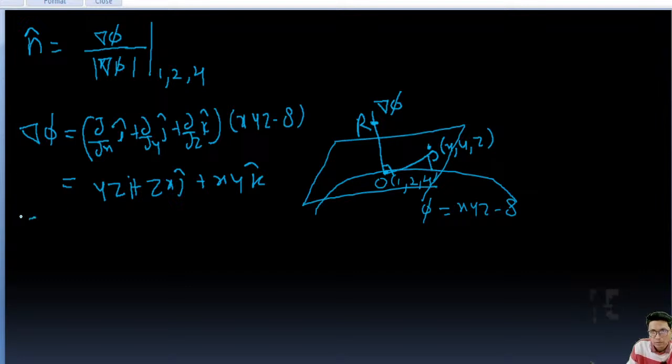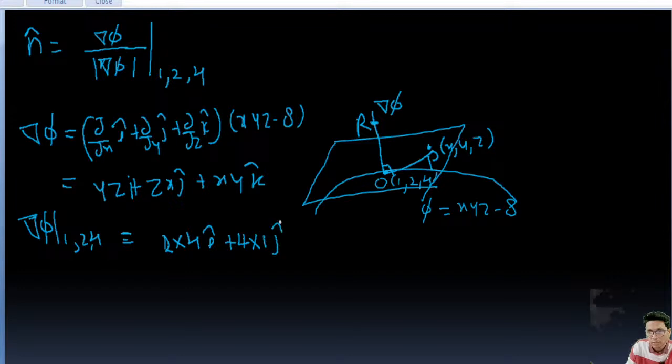Now gradient of phi at (1, 2, 4), we put the values of x, y, z: 2 into 4 i cap plus 4 into 1 j cap plus 1 into 2 k cap.